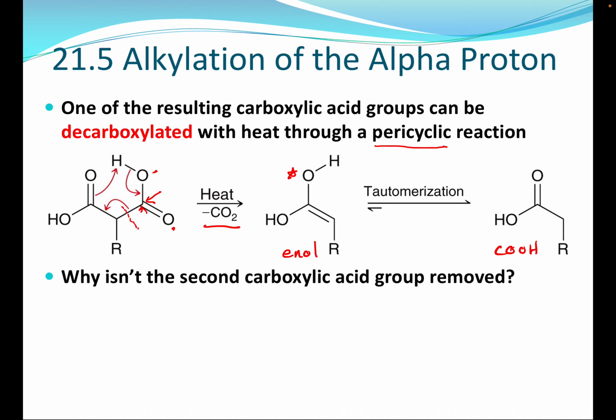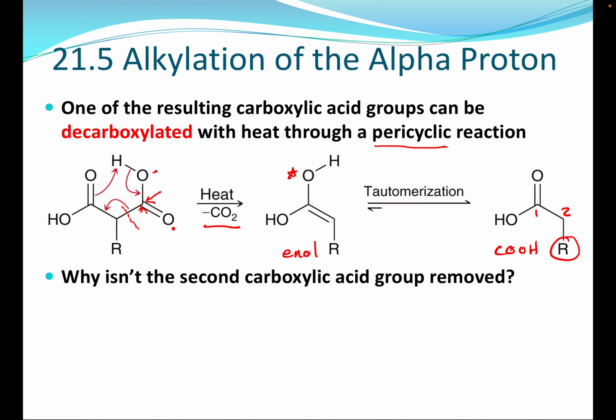Now, this is the end of that malonic ester synthesis. We said that we were adding on 2 carbons to an R group that originally came from an alkyl halide, and that's exactly what we've done. You may be thinking, why don't we see the second carboxylic acid also come off?